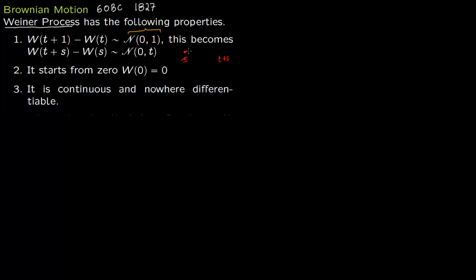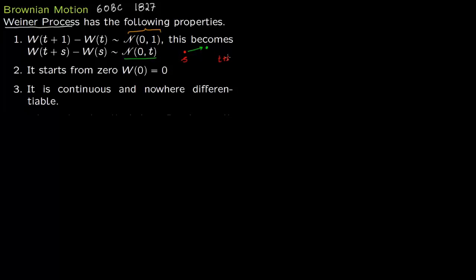What you do is you draw a random variable from the normal distribution with mean 0 and variance t and add it to the position here. Say the first time you do a sampling, you find some place here. So this distance you have found from the normal distribution with mean 0 and variance t.